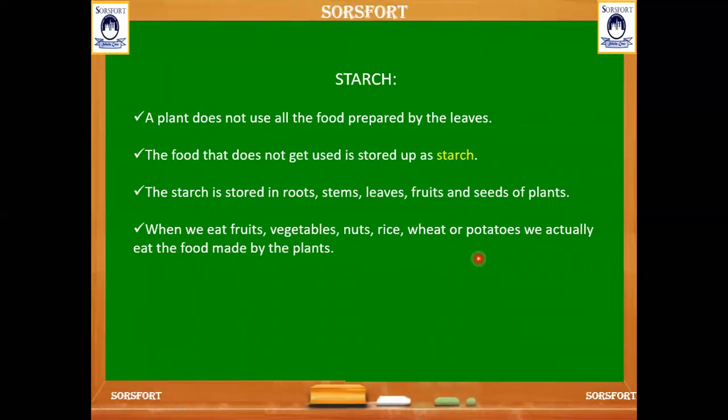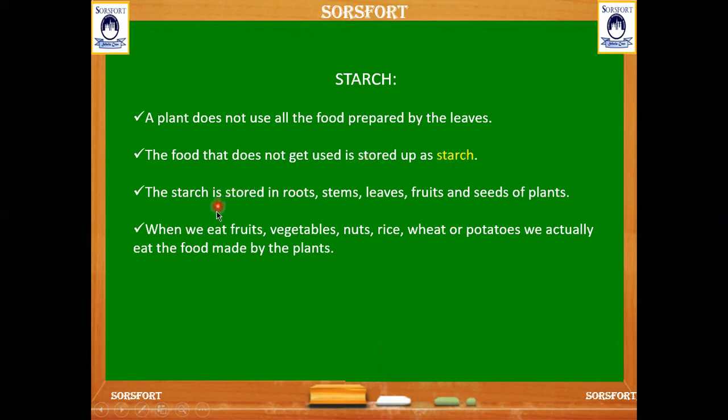And what is starch? Starch is the extra food which is not used by the plant. A plant does not use all the food prepared by the leaves. Food that does not get used is stored as starch.